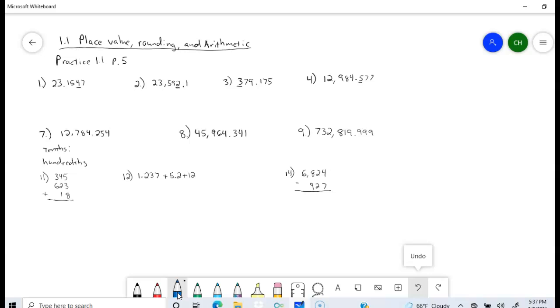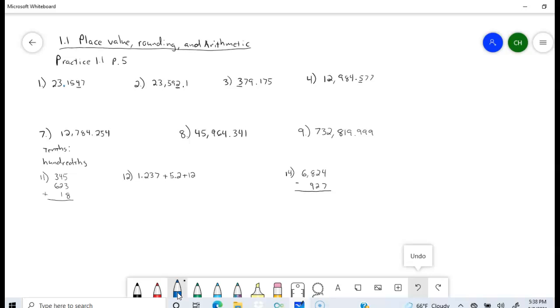Number 1 wants us to identify the place and the value of the underlined digit. The way I always like to do it is I find my decimal, which is right here, and my number immediately to the left of it is my ones place. Then either direction I go, it does the same thing. If I go to the left, it goes ones, tens, hundreds. If I go to the right, I start at my ones, then I go to the tenths, hundredths, thousandths.